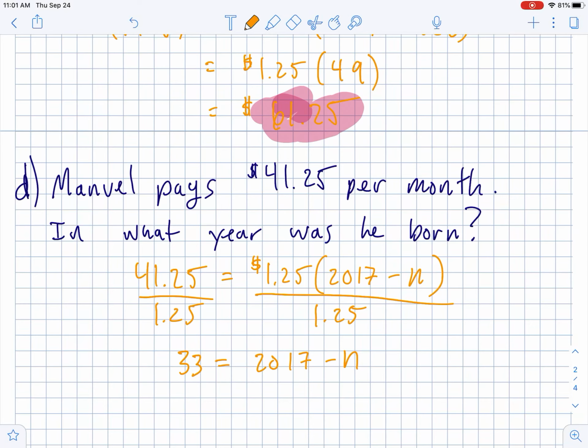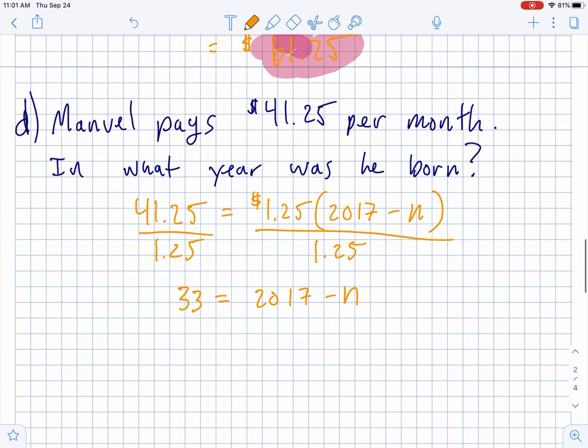Now 33 is Manuel's actual age, but that's not what they asked us to find. They asked us to find what year he was born. So if we subtract 2017 from both sides, we're going to get a negative number on the left, but that's good. 1984 equals negative n. So divide both sides by a negative, and you get 1984 is equal to n. So 1984 is when Manuel was born.